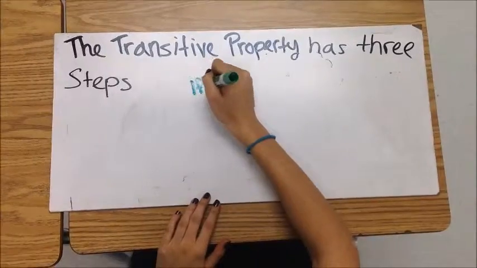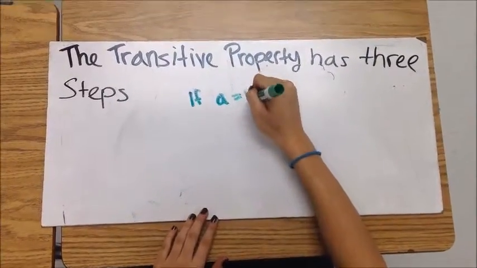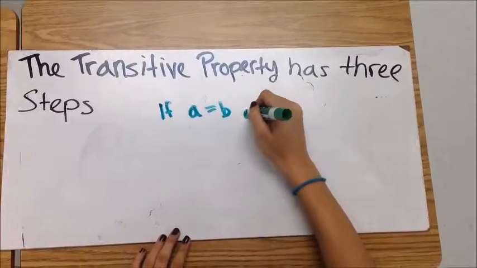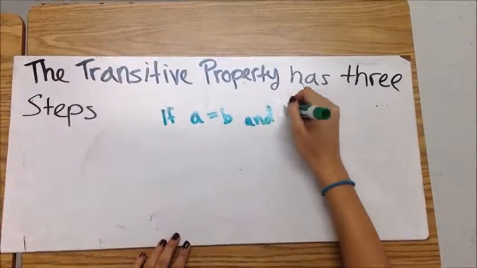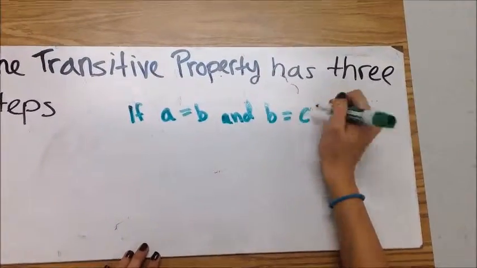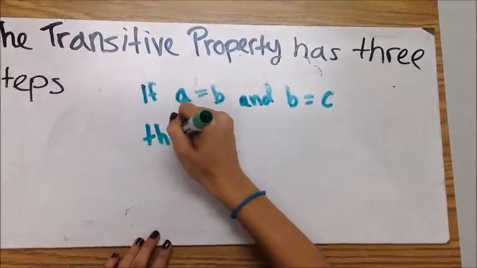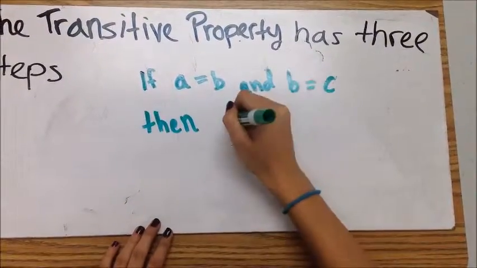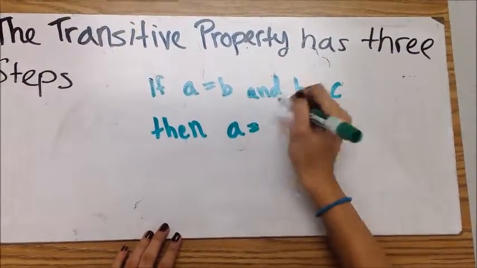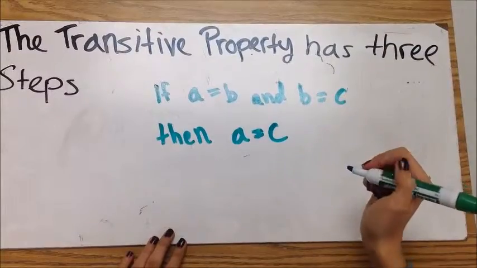So if a equals b and b equals c, then a equals c.